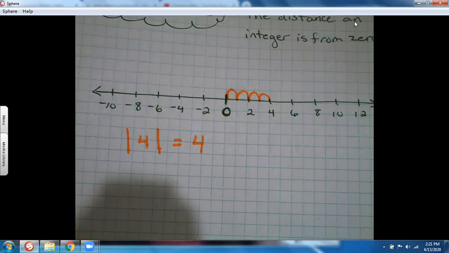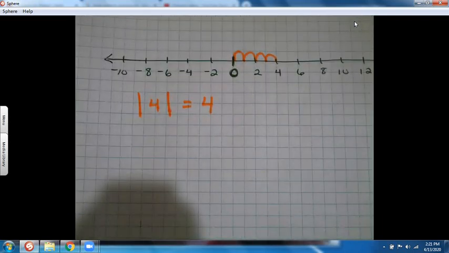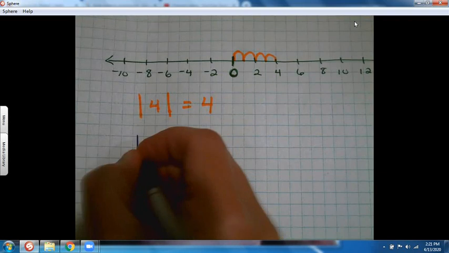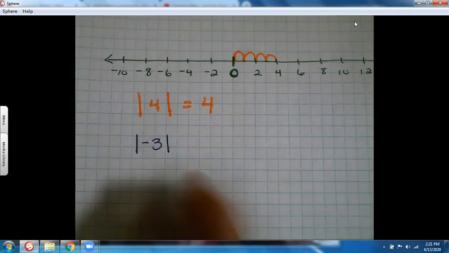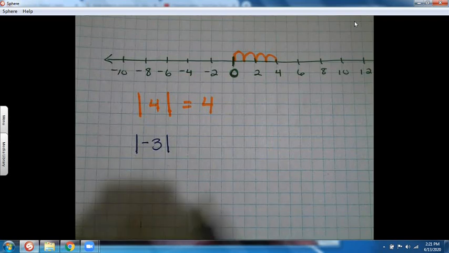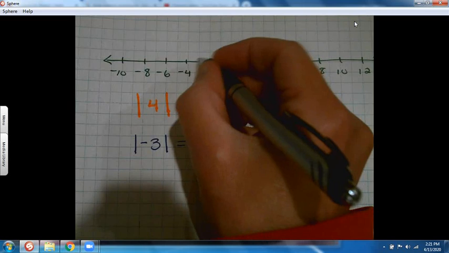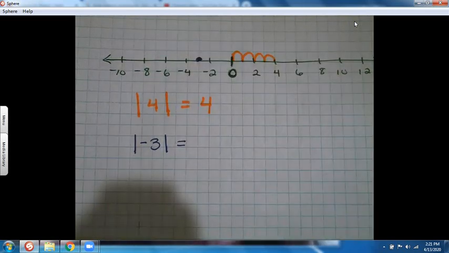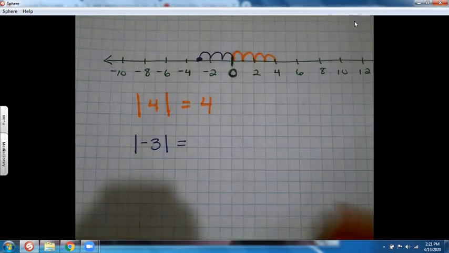Okay, let's try another one. If you overthink this, that's when you get into trouble. Okay, so let's do the absolute value of -3. Okay, what does that equal? Well, here's -3, right there. How far is it from 0? It is 1, 2, 3 away.